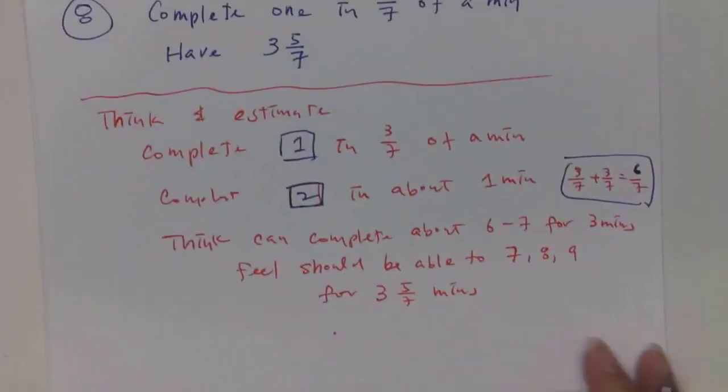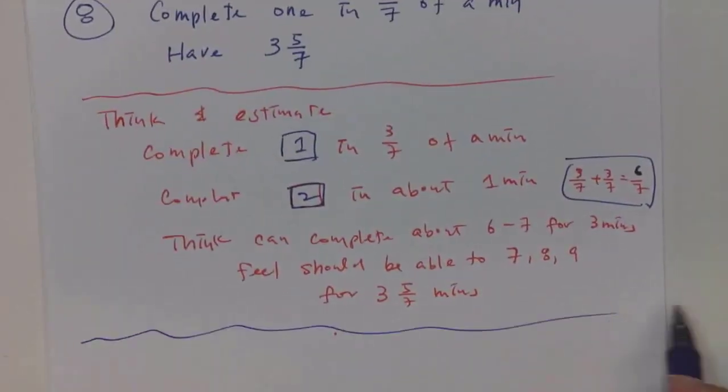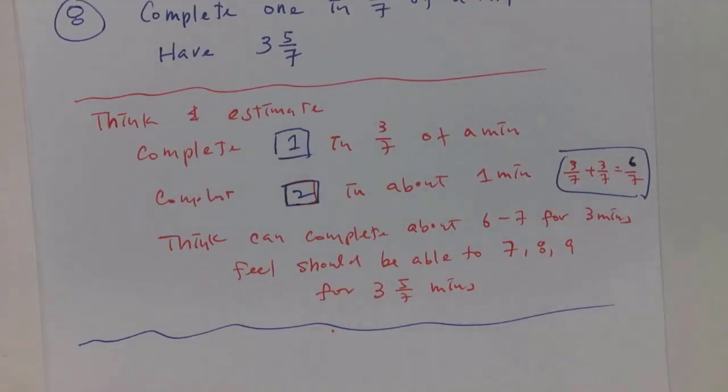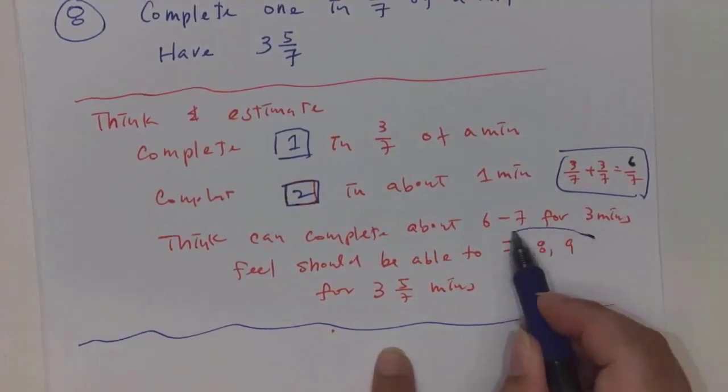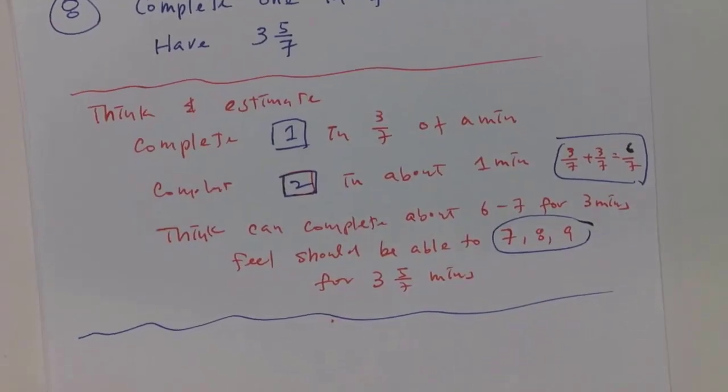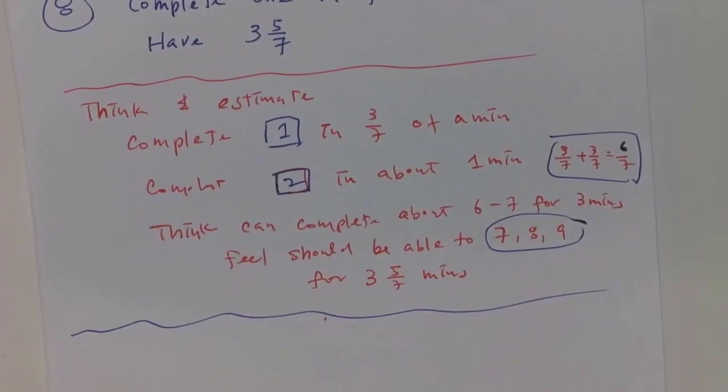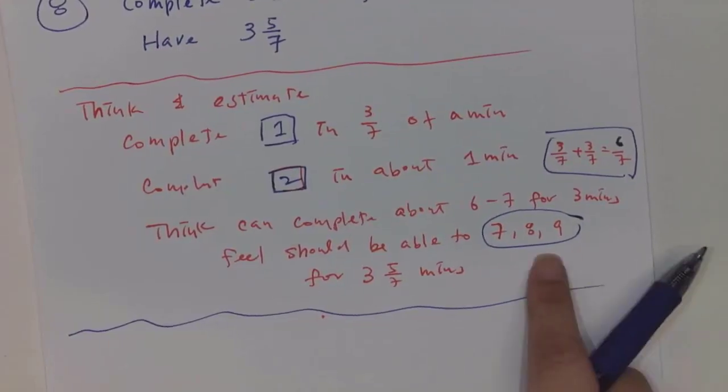So this is just thinking out loud, but we want our answer to stay close to these numbers. If you get like 200 or 500 or 17, that probably is wrong, right? So it should be close to those numbers.